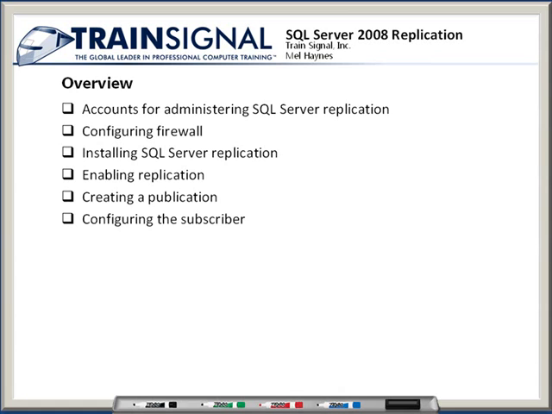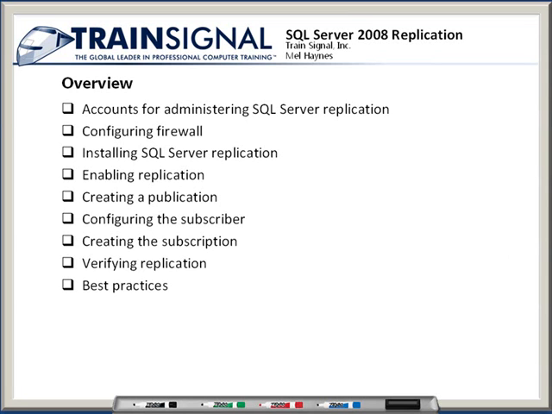So after creating the publication, we'll configure a subscriber to that publication, and then we create what's known as an actual subscription. So yes, it carries that paradigm all the way out to that degree, because the subscription determines when do you get the paper, right? Not what the paper is going to contain. So that's the third part of that. Then we verify that they actually received the information that was supposed to be sent.